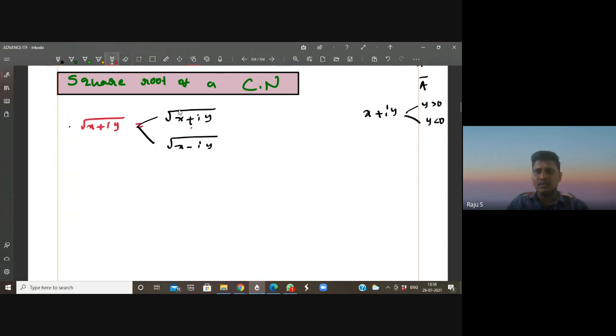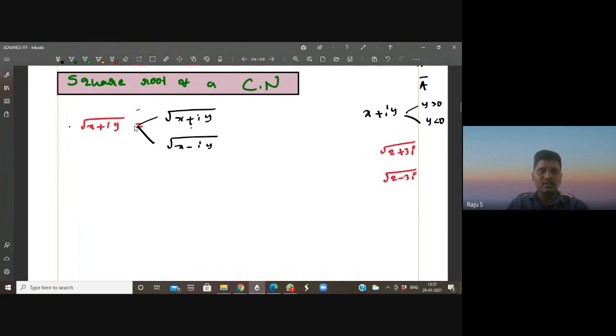For example, if I want to simplify root of 2 plus 3 iota, or root of 2 minus 3 iota, we are going to get two different answers, because the real and imaginary parts are the same and only the plus or minus signs are changed.